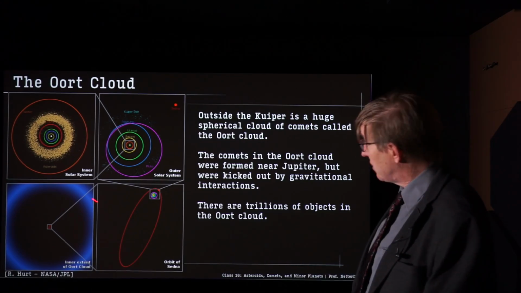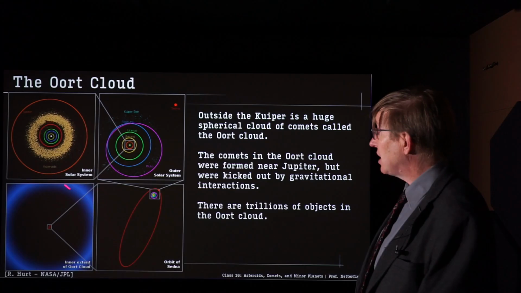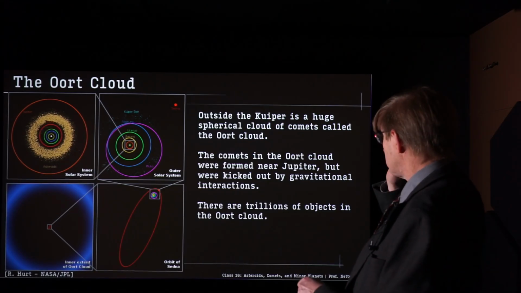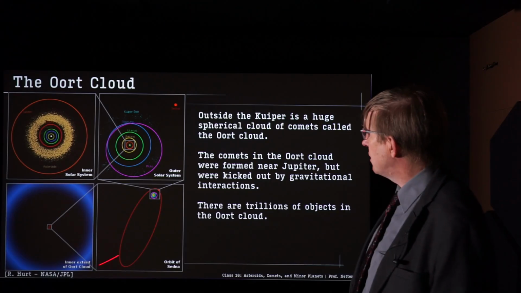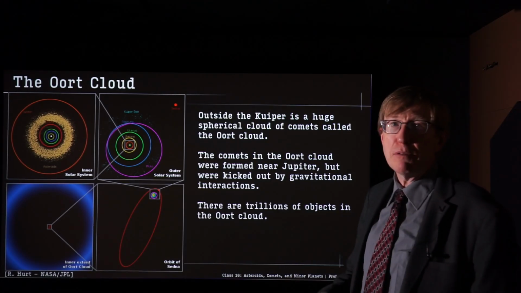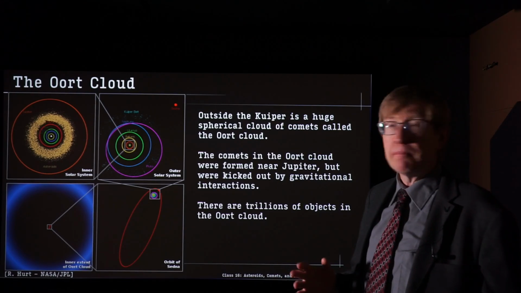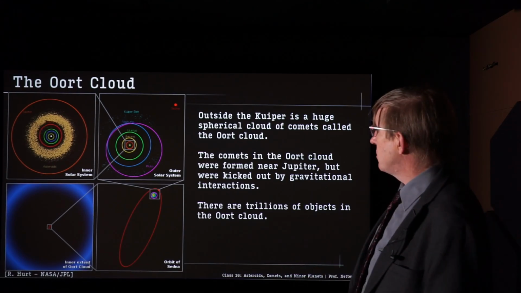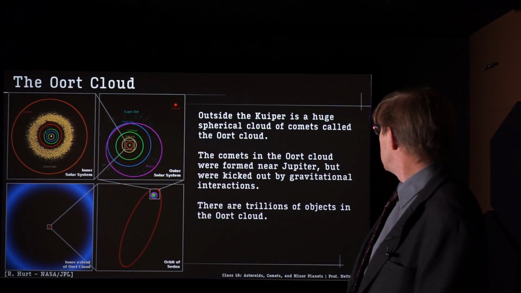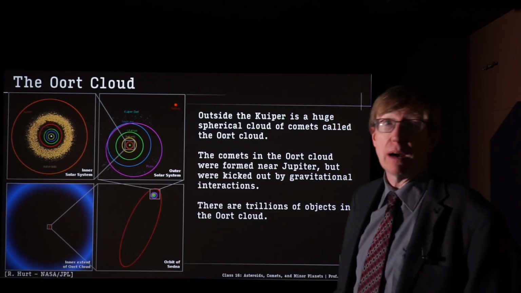We go even further than that, and we come to another cloud called the Oort Cloud. The Oort Cloud is a roughly spherical cloud of comets that exists well outside the Kuiper belt, well outside even the orbit of the known dwarf planets. There are trillions of objects in the Oort Cloud.